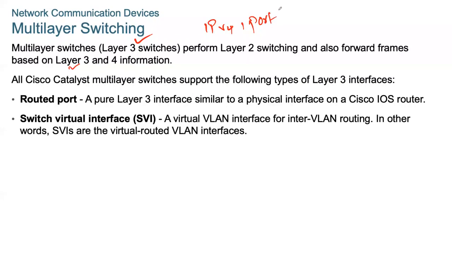You use them to check whether the port number is 20, 21, 22, meaning whether they belong to FTP or TFTP. Based on that, most of the Cisco Catalyst multi-layer switches support layer 3 interfaces.